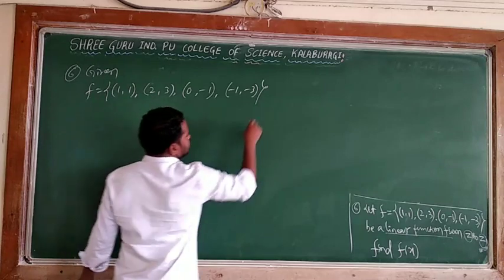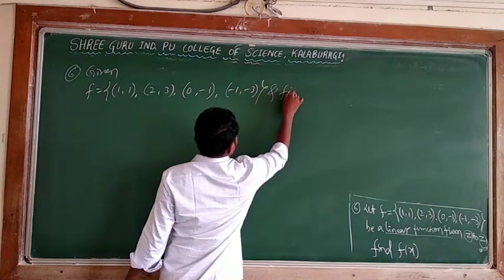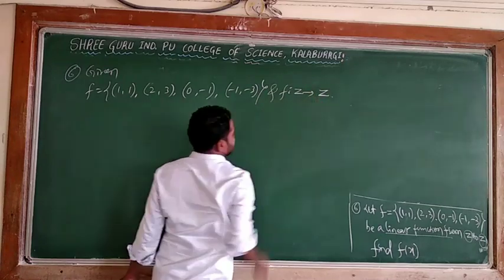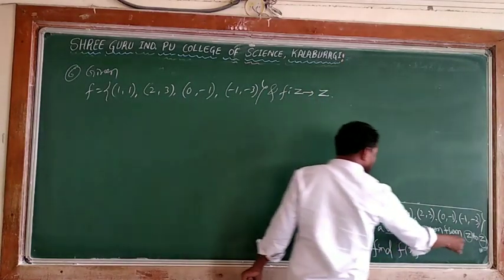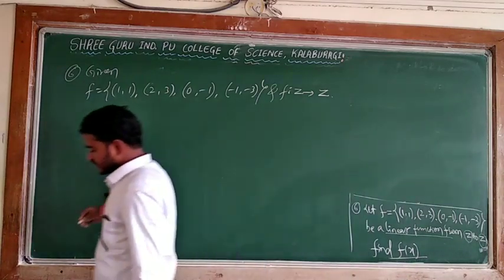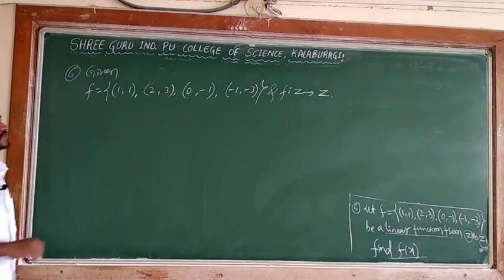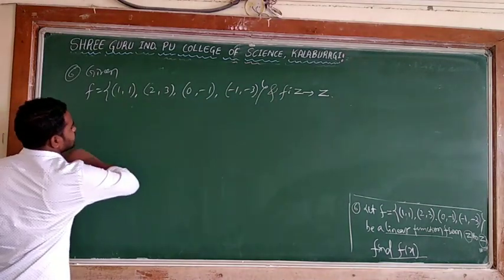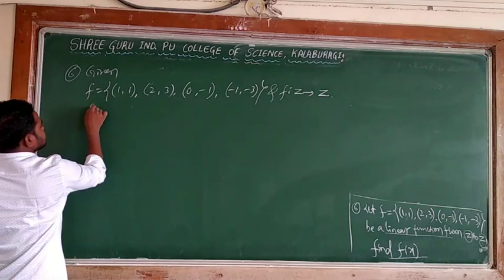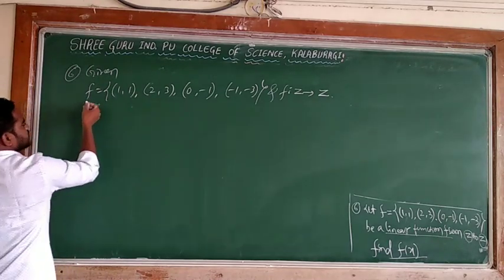And he said f is defined from Z to Z, integer to integer. He is asking to find f of x. What is f of x?